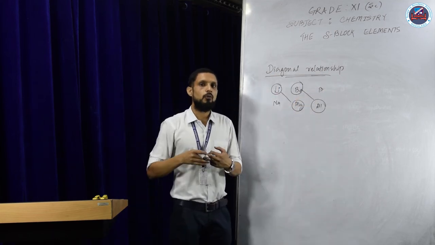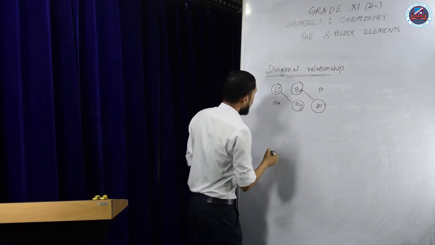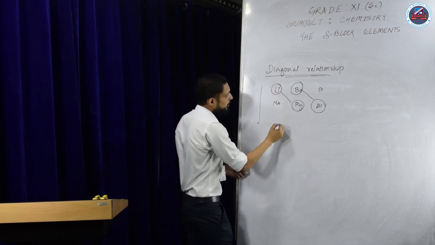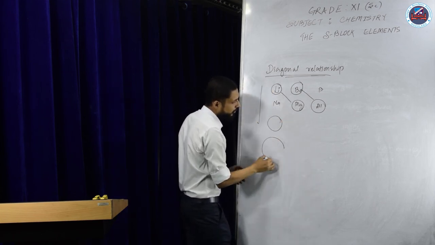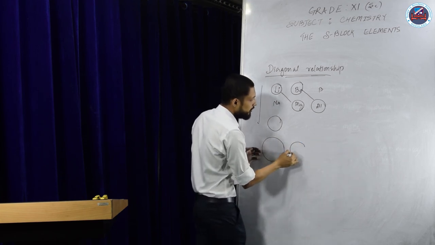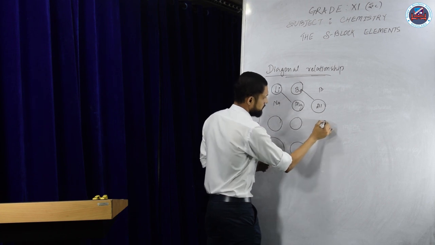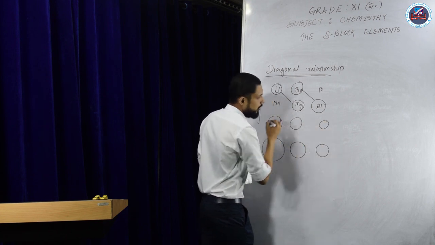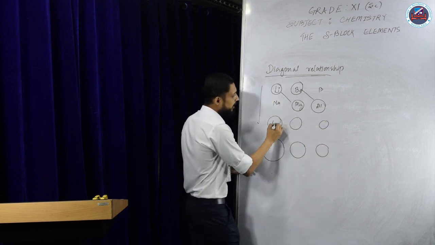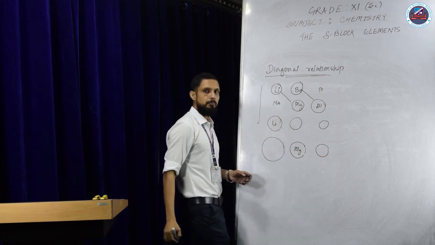Now if you want to know why they have similar properties, we know as we go down, size increases. But along the period, size decreases. So you'll see the size of lithium is somehow similar to the size of magnesium.